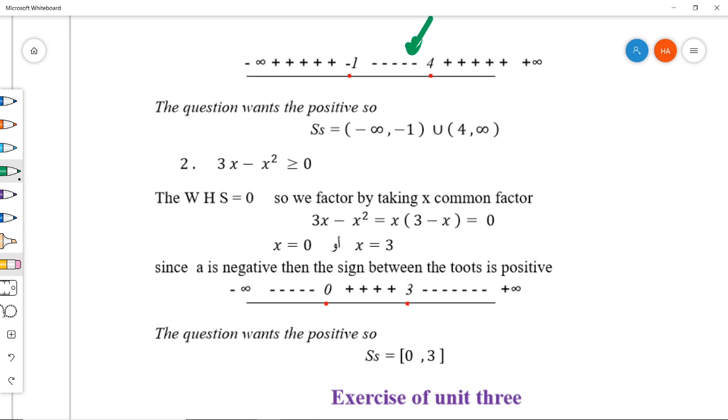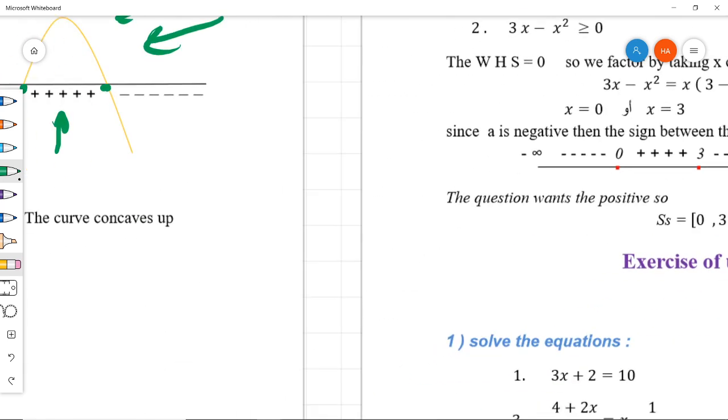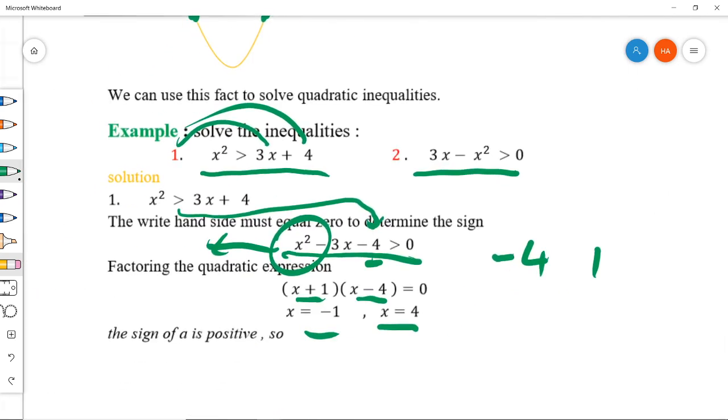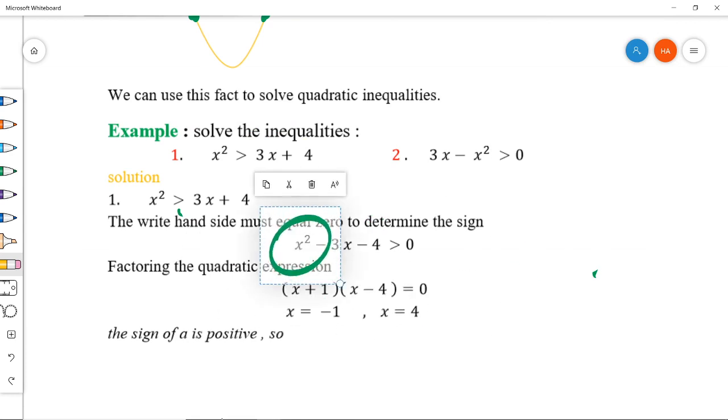So now we know the sign, but which one is the solution set? The positive interval or the negative interval? How we know? We look at the question again. He needs the quadratic expression when it is greater than 0.